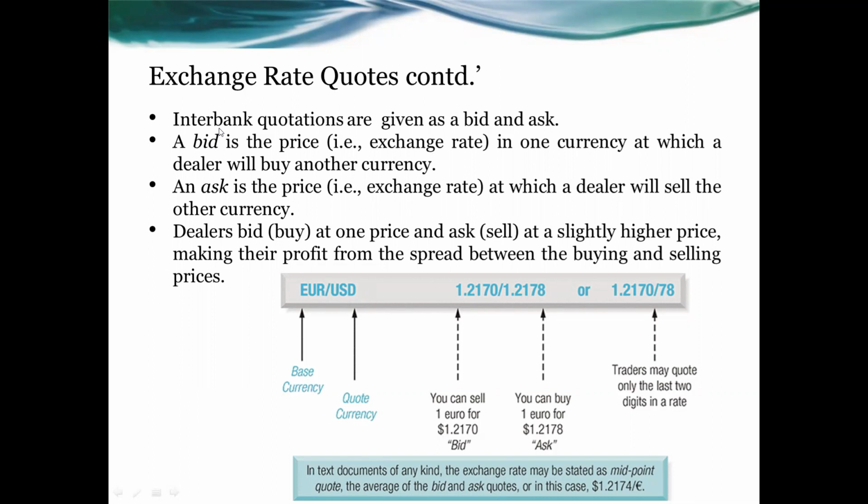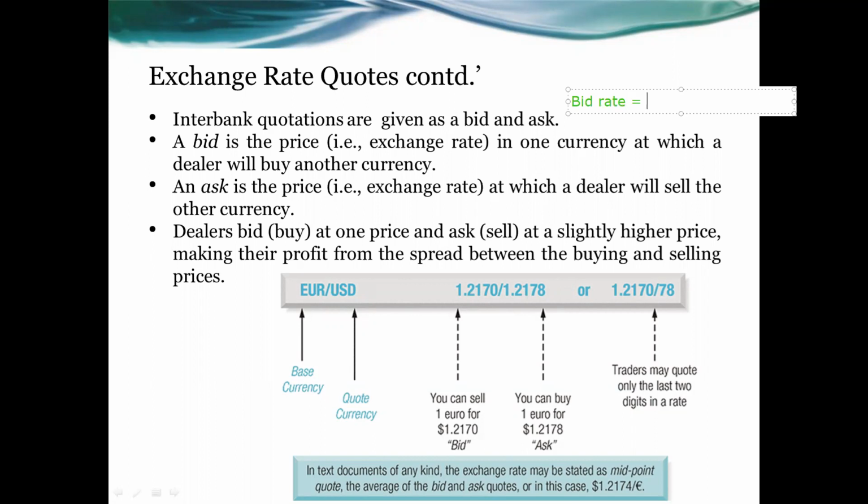And the ask is the price at which a dealer will sell the other currency. I also explained that previously. Normally we call it a buying and selling rate, but in the terms used in international finance, it is called the bid rate.